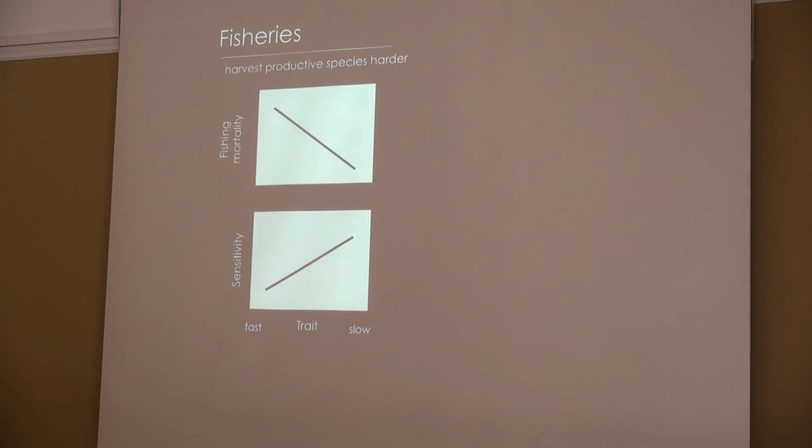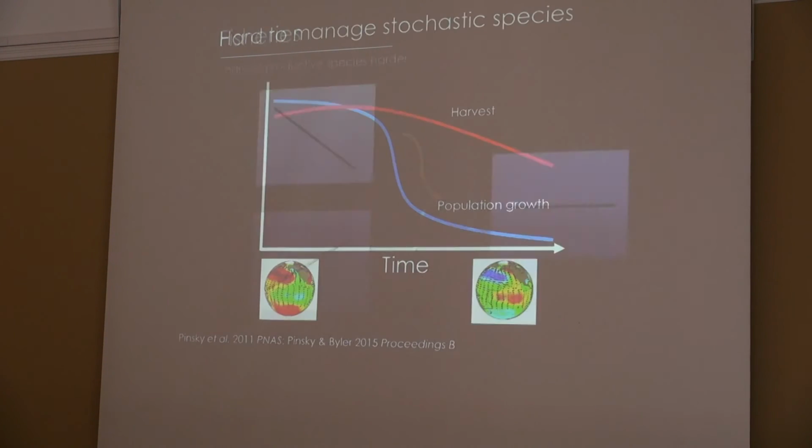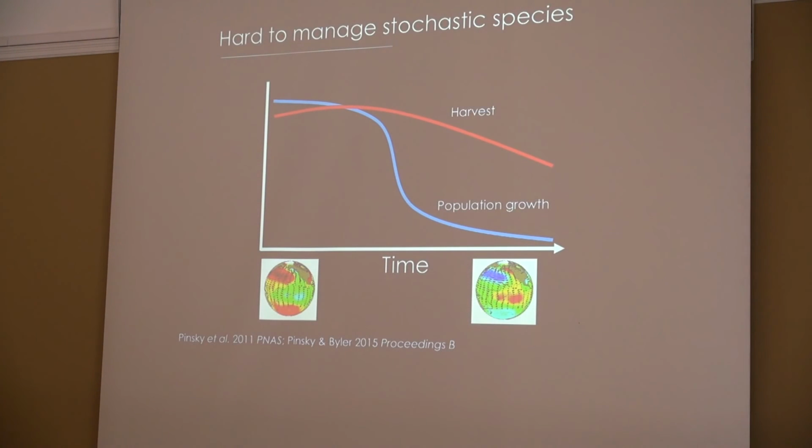But fisheries management actively recommends a higher fishing mortality for fast-growing species and a lower fishing mortality for slow-growing species. That will tend to even out the vulnerability across the life history spectrum. Add into that environmental variability. Fast-growing species respond quite quickly when the environment changes, either more productive or less productive.